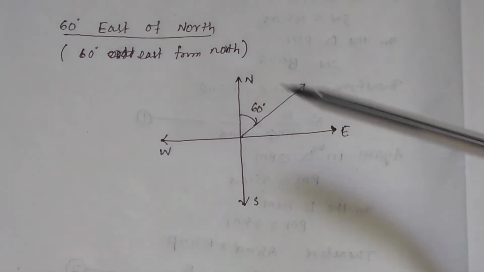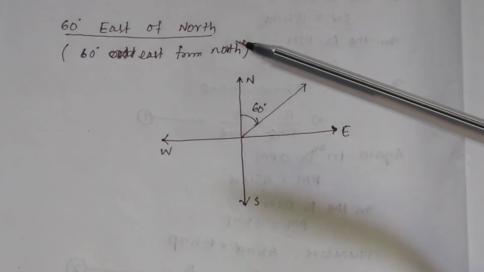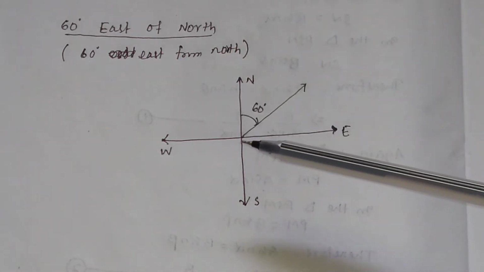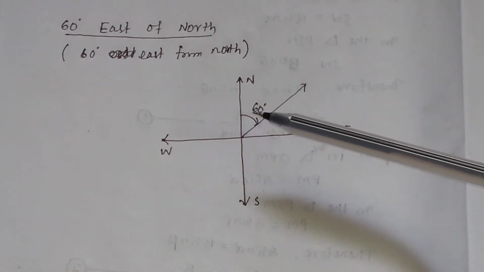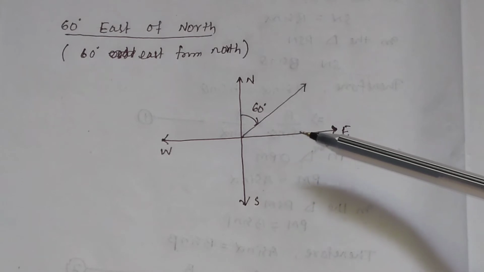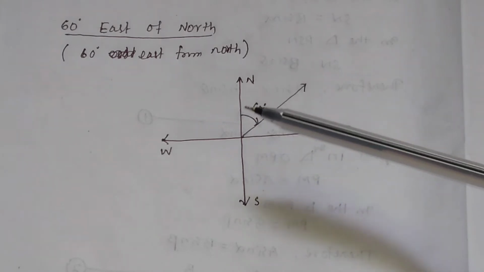Similarly, suppose you are given 60 degree east of north. This means 60 degree east from north. This is your north and you have to consider the angle 60 degree east from the north direction.